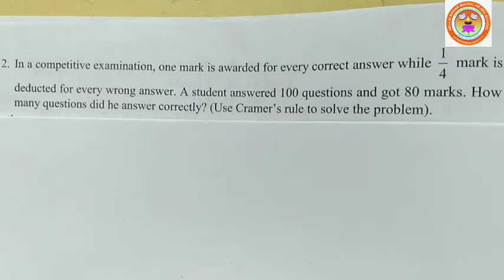The number of questions he answered wrongly is y, so minus 1/4 into y. So 1 into x minus 1/4 into y is equal to 80. The reason is he scored only 80 marks. Is it clear? Okay. Now let's move on to the answer.